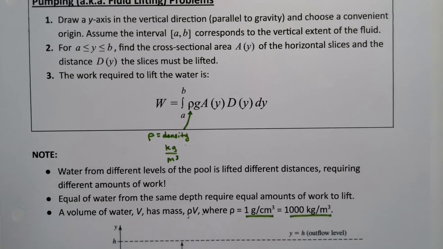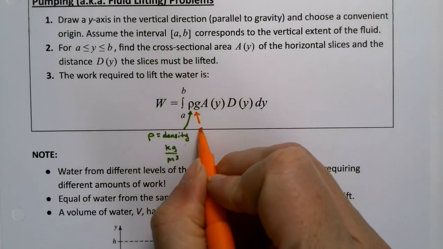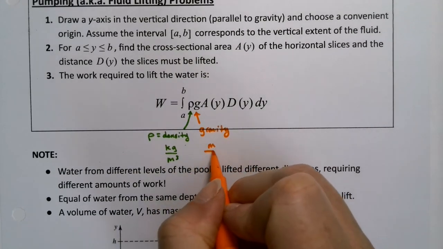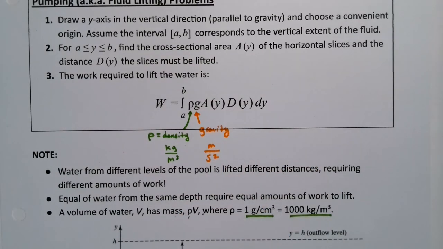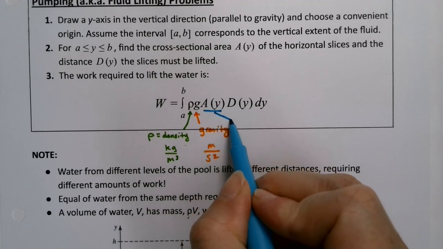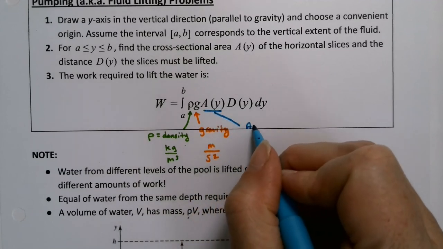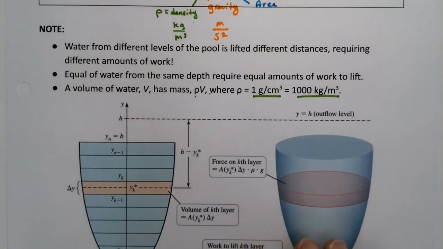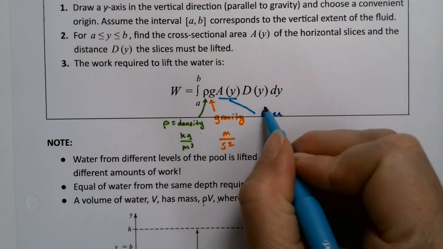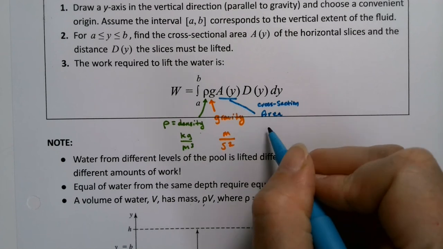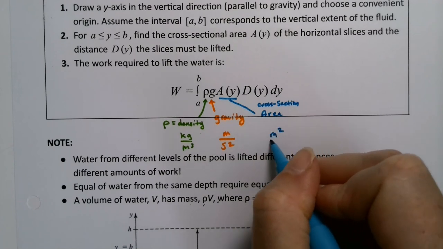All right, so then g is gravity. I mean, that's pretty obvious. So g is the gravitational constant, usually in meters per second squared. And then area, well, if we're going to be doing meters, that means that we would want the area of a cross section. So if you cut across your cup of tea, right, you hack across it, it's the area of a cross section, A of y, which would be in meters squared because it's area.